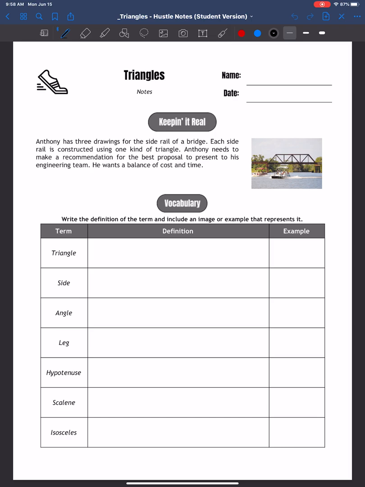So, a triangle is a three-sided polygon, which looks like that. A side is one of the line segments connecting the vertices of a triangle.